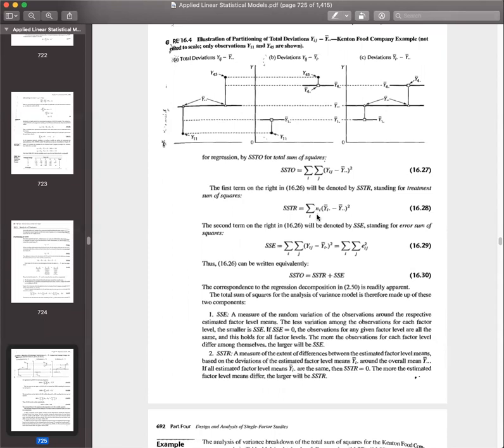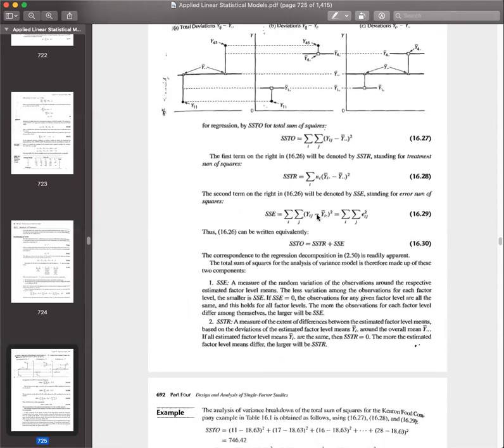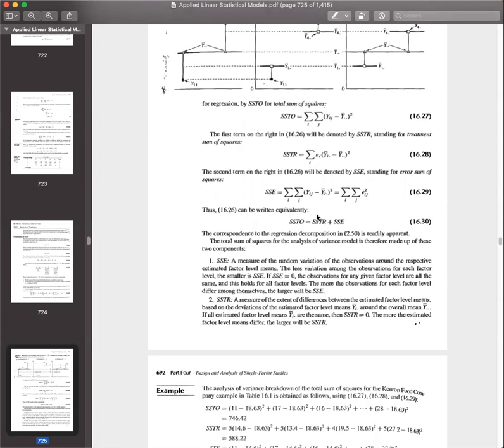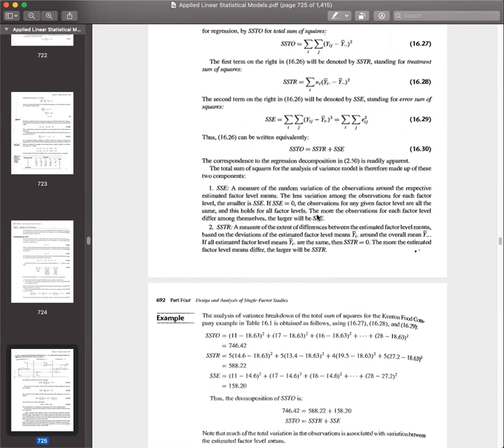And finally, we can get the error sum of squares, that is the summation over i, summation over j of the residual eij squared. Briefly, it can be written as SSTO equal to SSTR plus SSE.